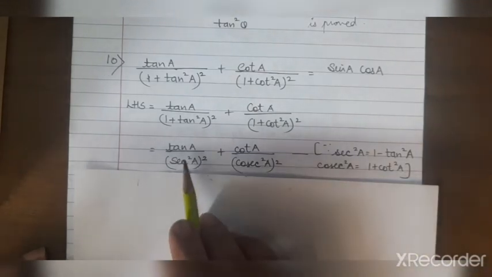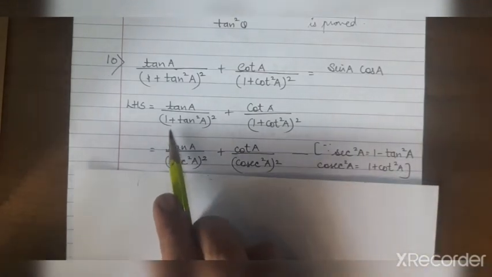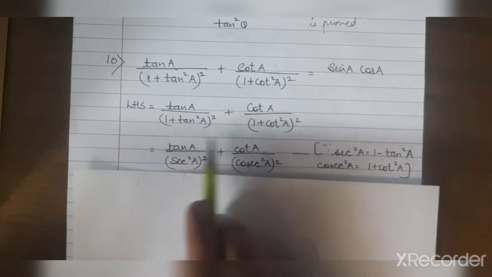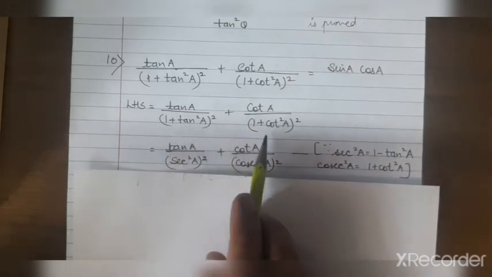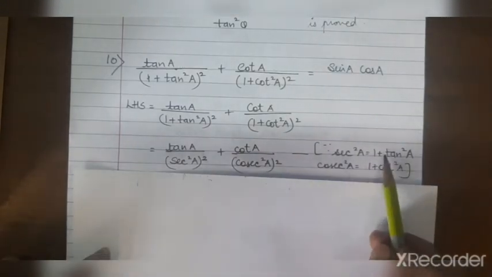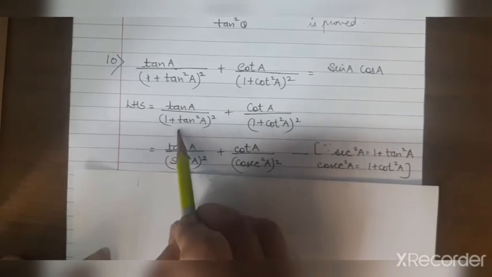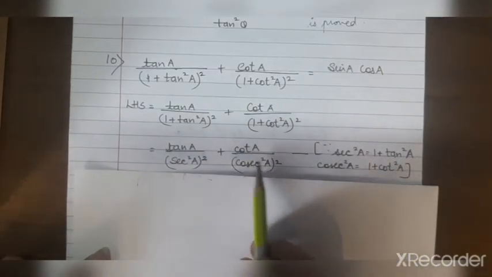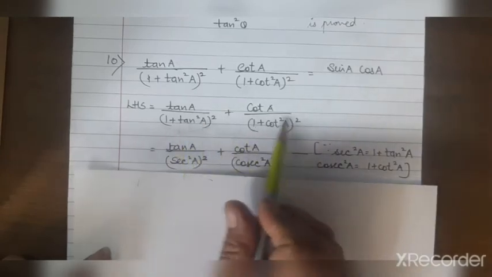Now here, if you see this sum, we can use these two identities. So we substitute 1 plus tan square A as sec square A and 1 plus cot square A as cosec square A. These identities we have already studied.